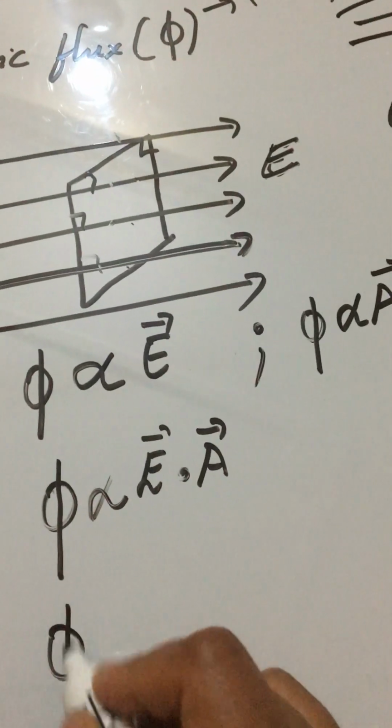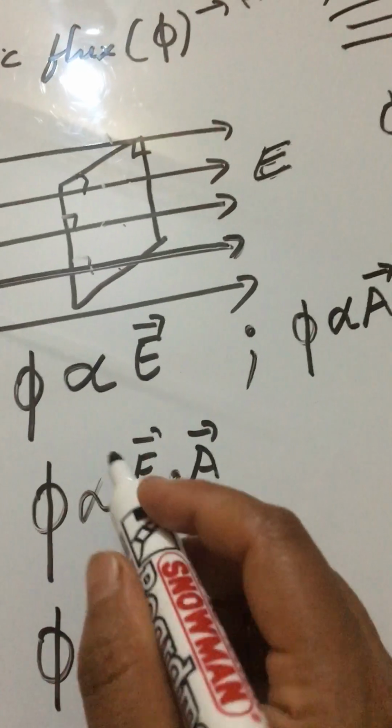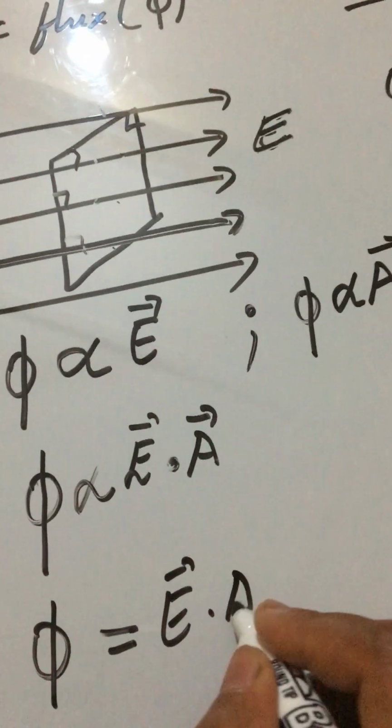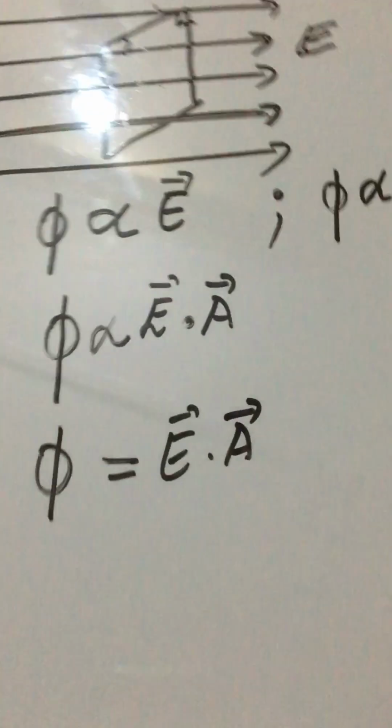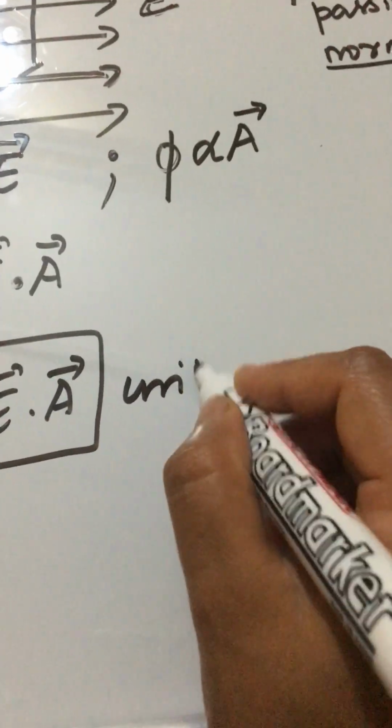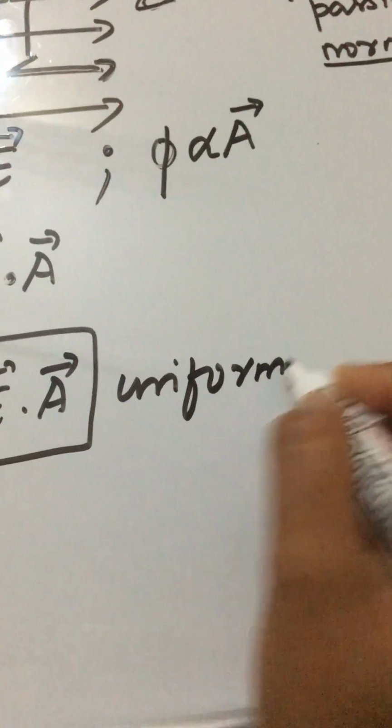The constant is 1, so this is the definition of the flux in the case of a uniform field.